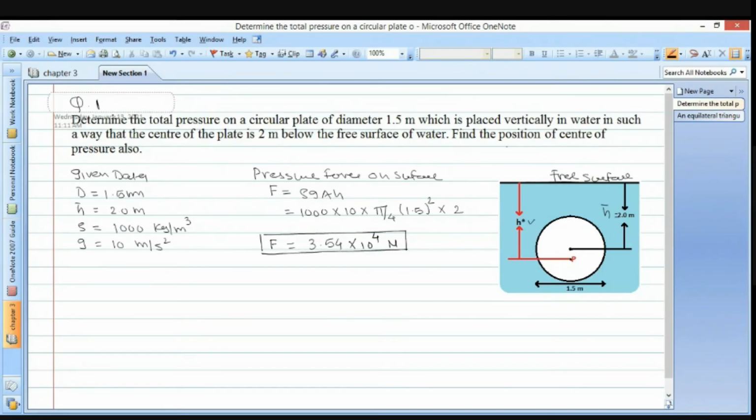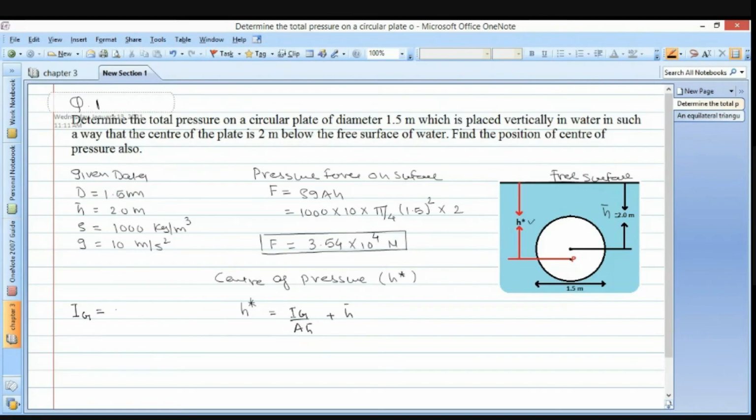Now we have calculated the total pressure force, but we need to locate the position of the center of pressure. For that we need to apply the formula that we derived for case number 2, the center of pressure, that is h-star. We derived the formula of h-star for the vertical plane, that is Ig upon A h-cut plus h-cut.